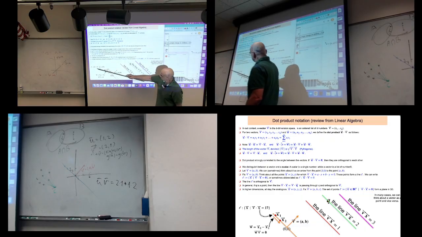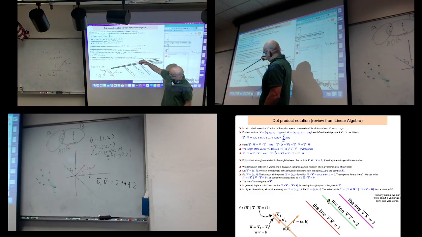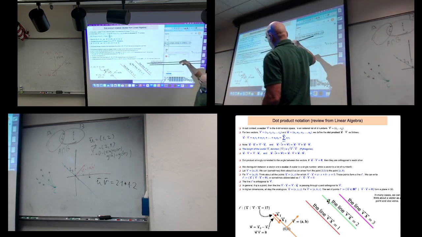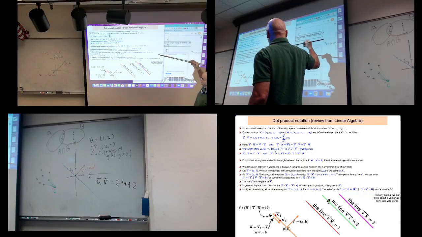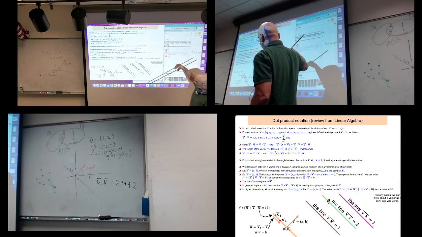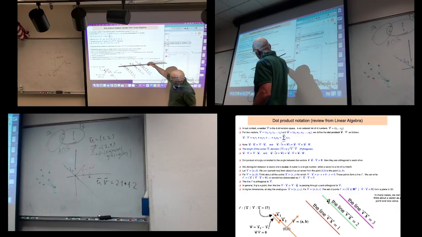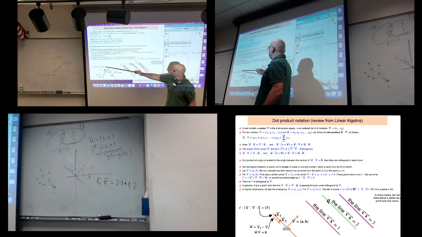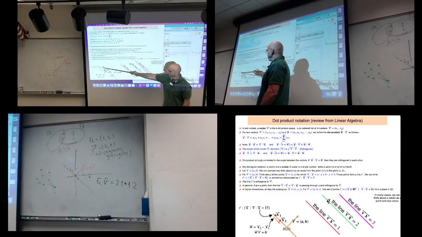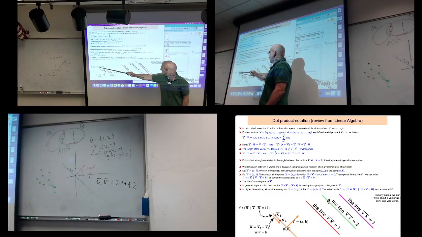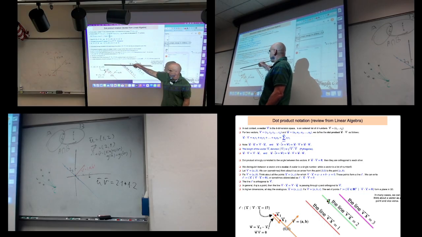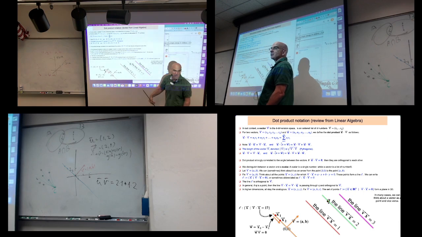OK, next. I can pick some value, say 17, and I'm asking, without changing the vector v, where are all the points x such that v times x doesn't equal 0, but equals 17?